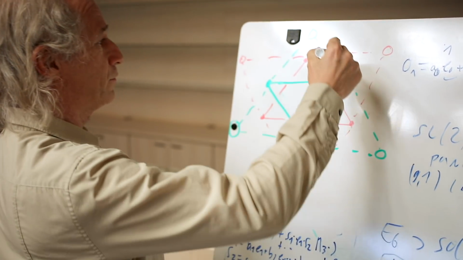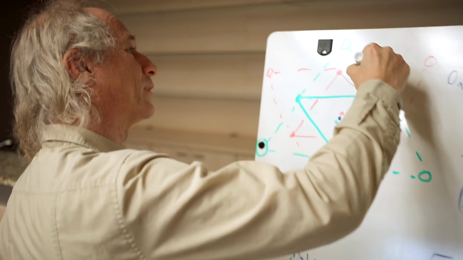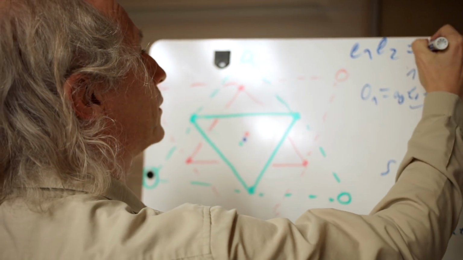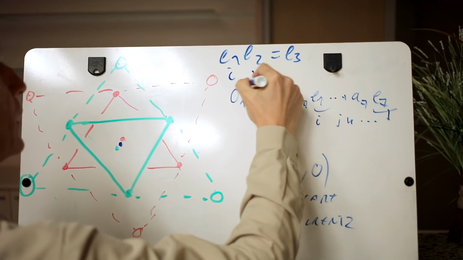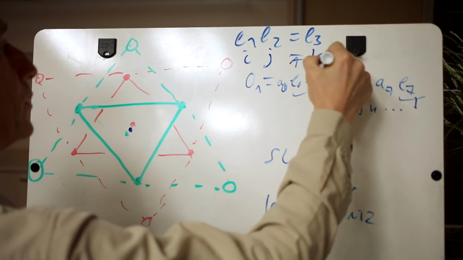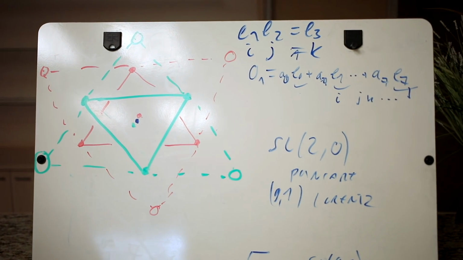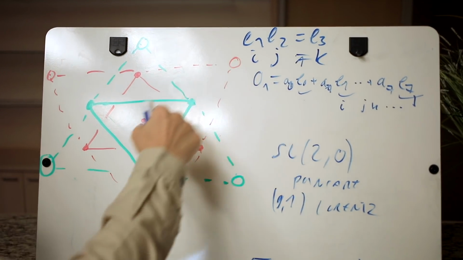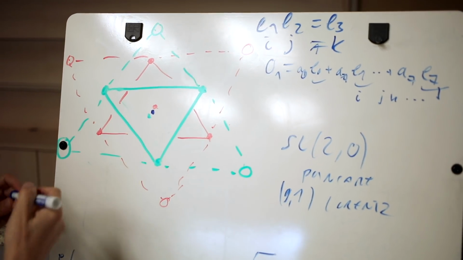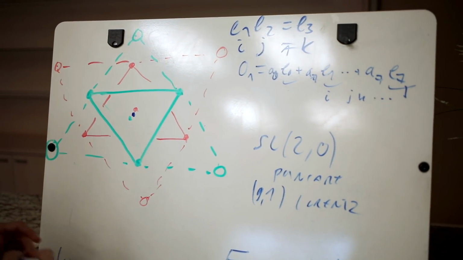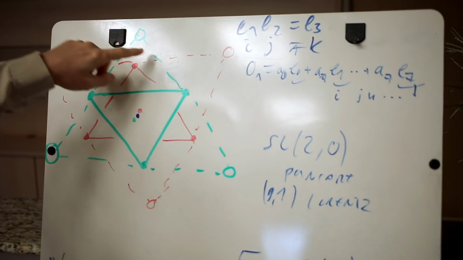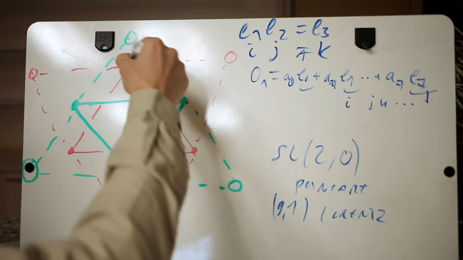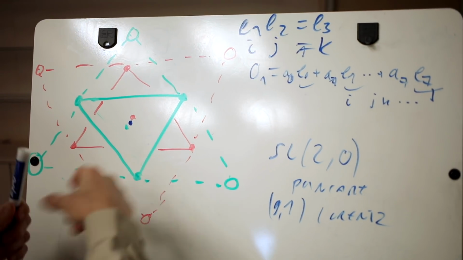So, how do I build the Fano plane? I know that E1, E2 equals E3, because this is a quaternionic identification, IJ equals K. So I have to go to affect this. It's there, E1, E2.